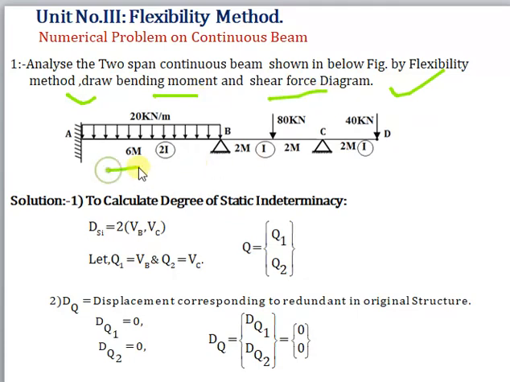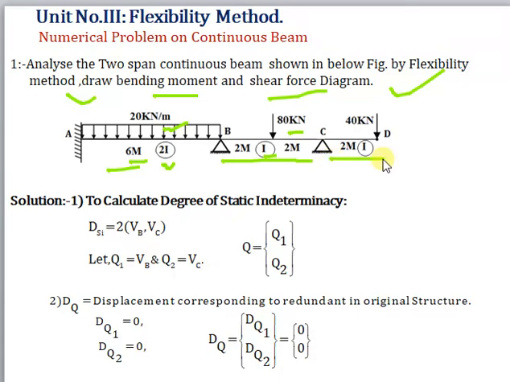Now in the given figure, span AB is loaded with 20 kN per meter UDL, moment of inertia 2I, and span AB is equal to 6 meter. Span BC is equal to 4 meter in length, moment of inertia I, and loaded with 80 kN point load at mid span.